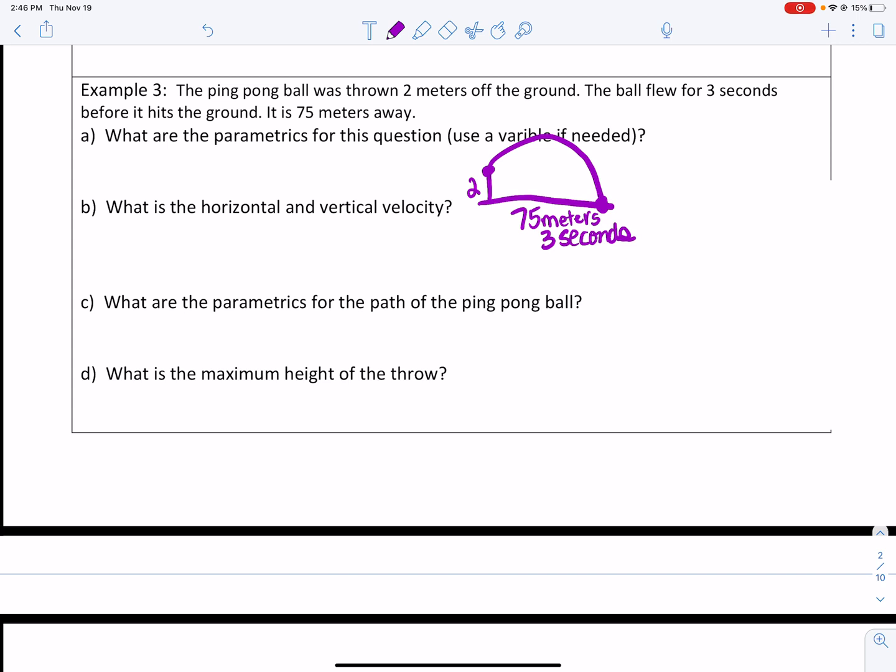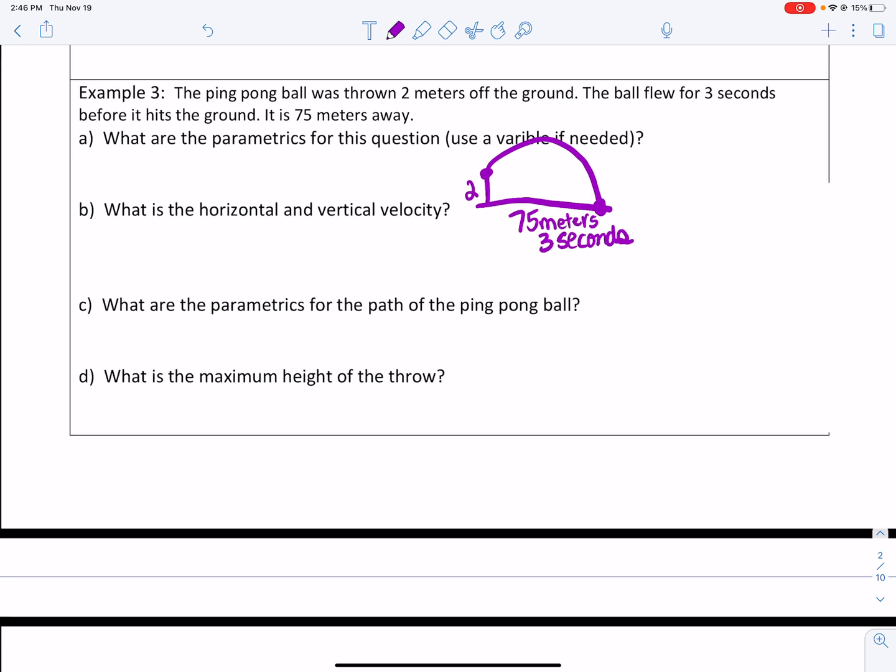So if I look at this, it wants to know the parametric equations. If I put the coordinate here, 75, 0, that's where it lands, and it flies for 3 seconds. So if I write my parametrics, I would say x of t equals v sub x times t, and my y of t, we're talking meters, so that would be negative 4.9 t squared plus v sub y times t plus my starting height of 2.